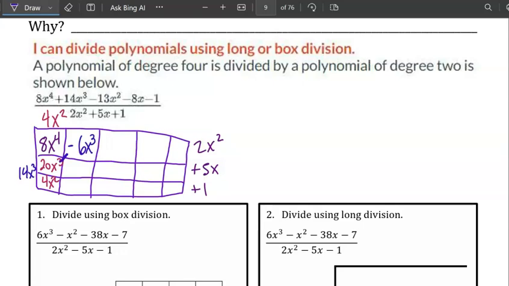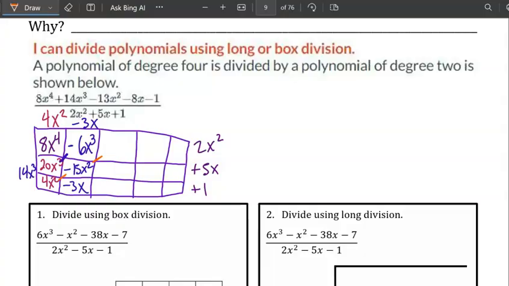To get the next number at the top, divide negative 6x cubed by 2x squared. You get negative 3x. To get the other 2 boxes in the second column, multiply negative 3x by the remaining divisor terms. Negative 3x times 5x is a minus 15x squared. And negative 3x times 1 is a minus 3x.